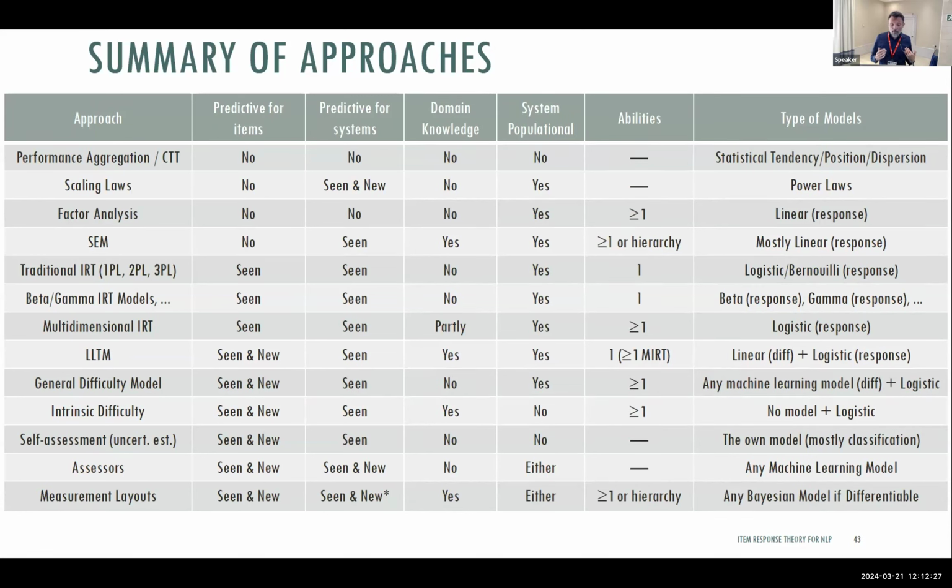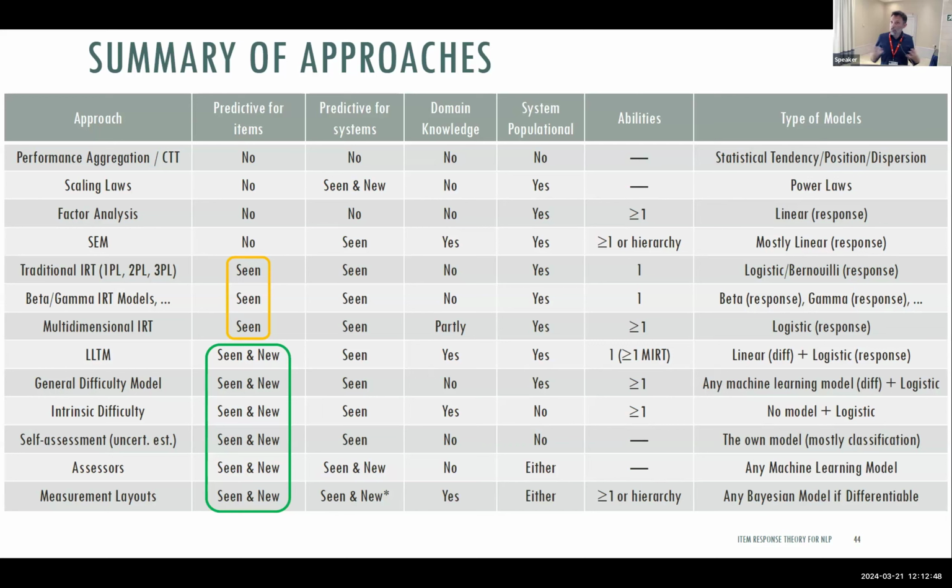So can we do better than that? Yeah. For instance, we have introduced IRT models, and all of these are IRT models here. So they are predictive for items. If you have seen this item before, and you have the ability of this model, you can predict how well the model is going to perform for that item.